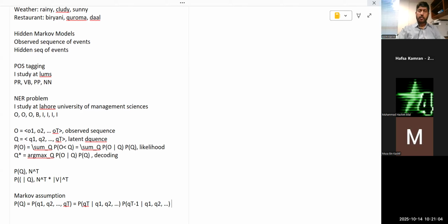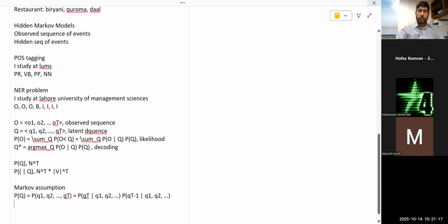तो Markovian assumption ये होगी कि we will restrict the context to just one state, meaning that the present state defines the next state, or the next state depends on only the preceding state. तो वो हम करेंगे तो this would simplify to probability of QT given QT minus 1. So ये T or T minus 1 ये subscript है. I hope you can understand. I'm not writing the underscore. ठीक है?